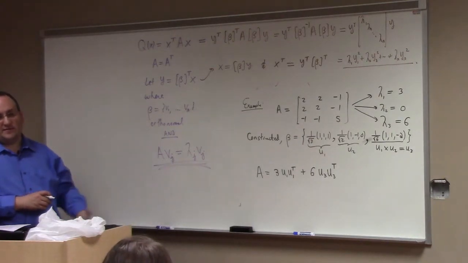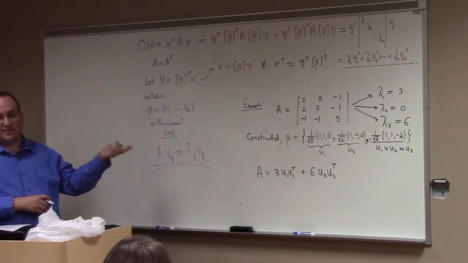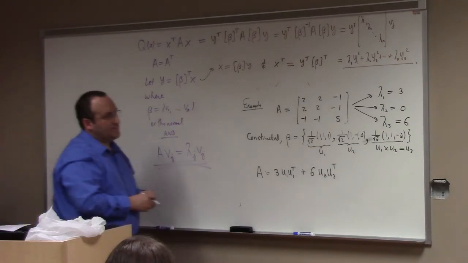If one of the eigenvalues is positive and one is negative, set equal to a constant, it's going to be like a hyperbola. If one of them is 0 and the other one isn't, it's going to be like a parabola. Or parallel lines, actually, I should say.